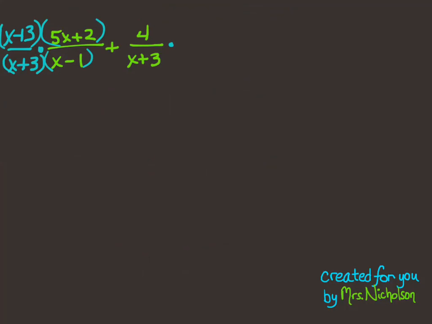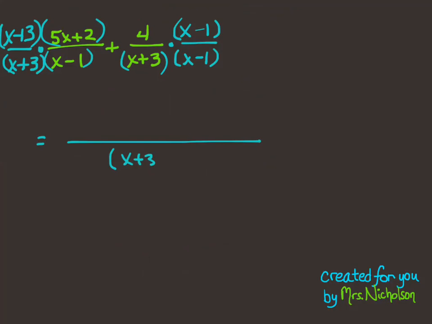And on the right, we're going to multiply that fraction times x minus 1 over x minus 1. Alright, so our common denominator is x plus 3 times x minus 1.